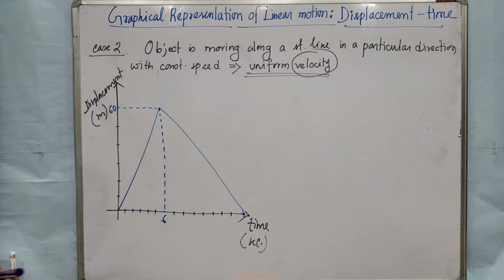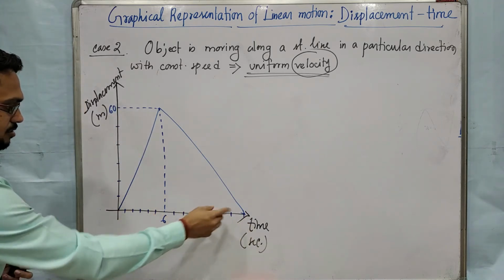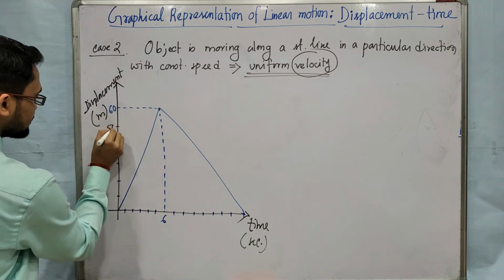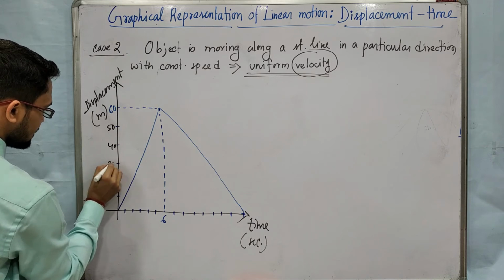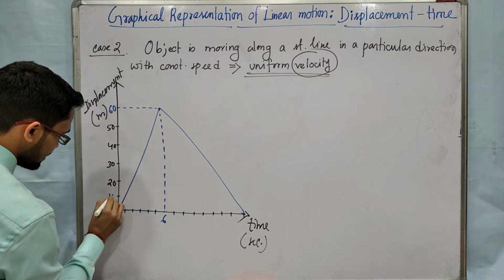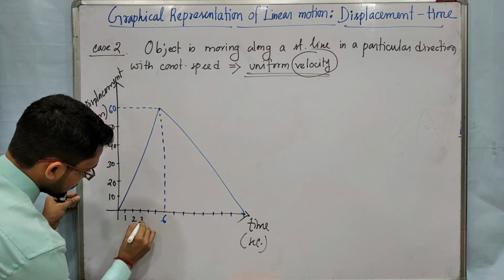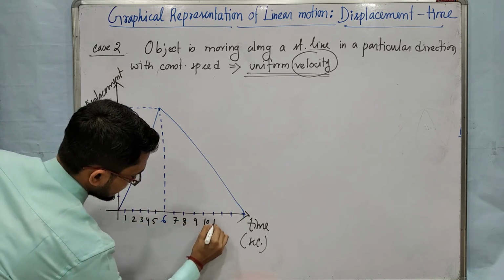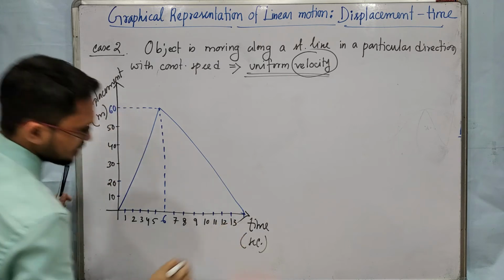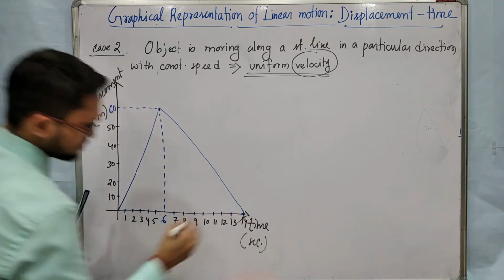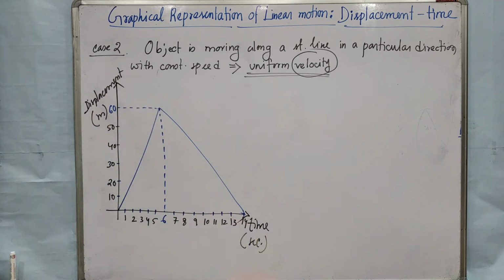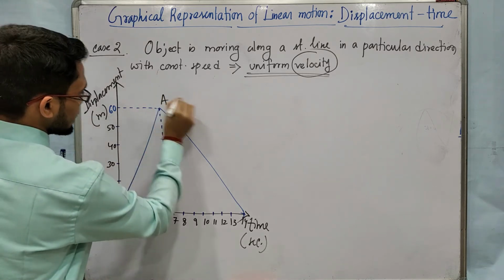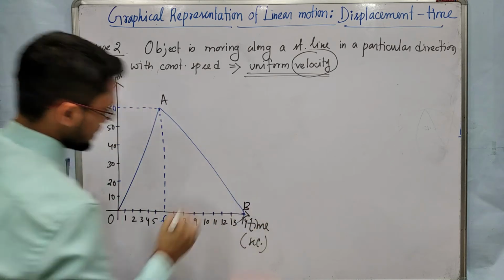The graph means this interval should be equal. I am giving the names O, A, and this point is B.